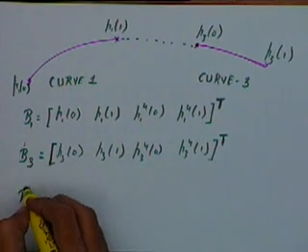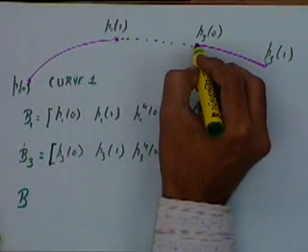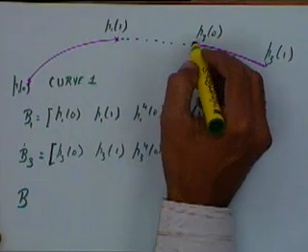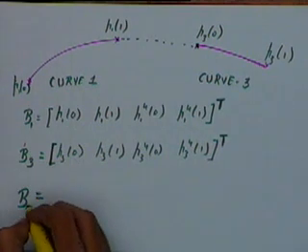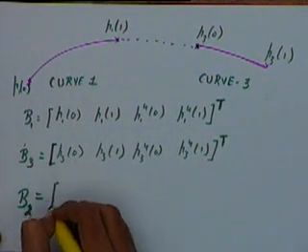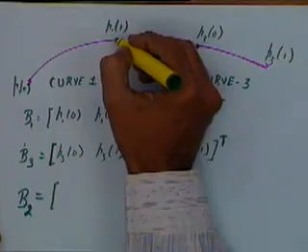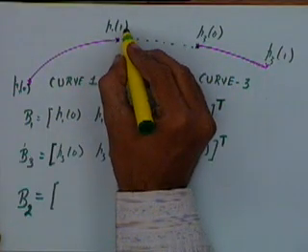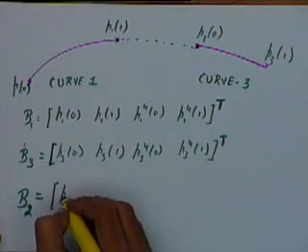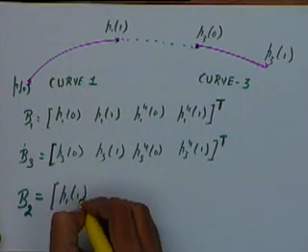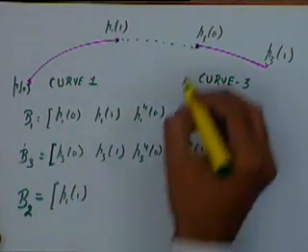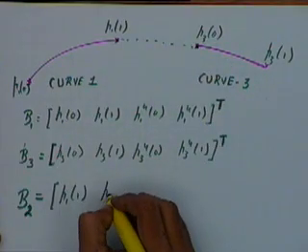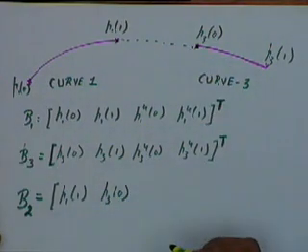Okay, and if I want to define a PC curve between these two points so that C1 continuity is ensured, the B2 matrix, what will be the starting point for that? P1 of 1 will be the starting point. Okay, so the starting point will be P1 of 1, the end point will be P3 of 0. Okay, so this end point is P3 of 0.